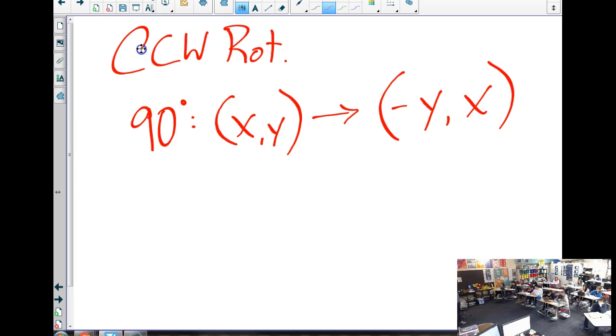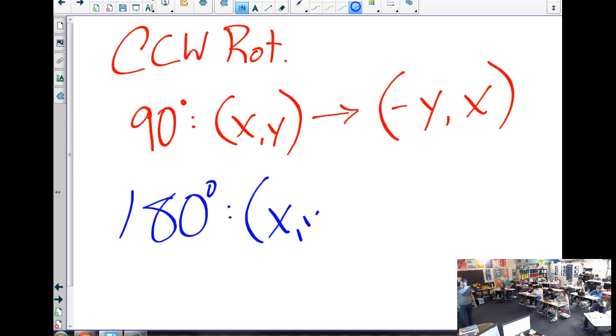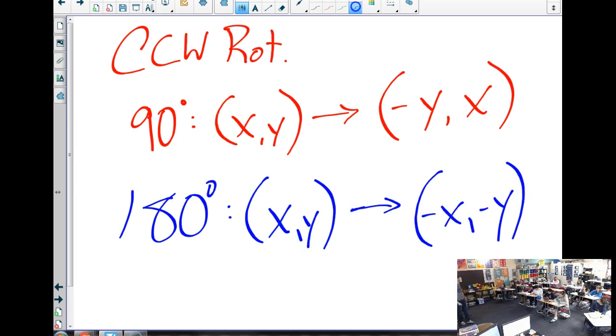Whatever your y started as becomes the opposite and goes here. For 180, and I know I switched colors, sorry, I kind of flipped things around on you. For 180, which up there's red, sorry, I should have really thought this through. Braylon's saying they both become the opposite.